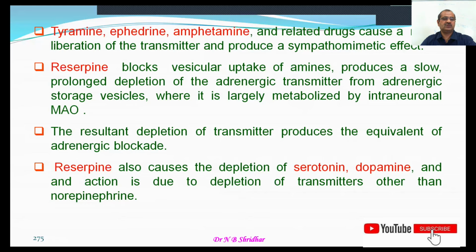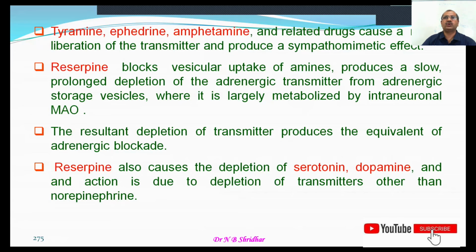Whereas reserpine is going to block the vesicular uptake of the amines and produce a slow and prolonged depletion of the adrenergic transmitter from the adrenergic storage vesicles, where it is largely metabolized by intraneuronal MAO. What happens?